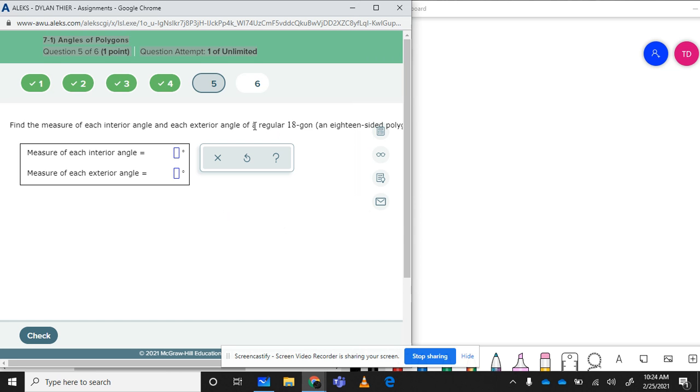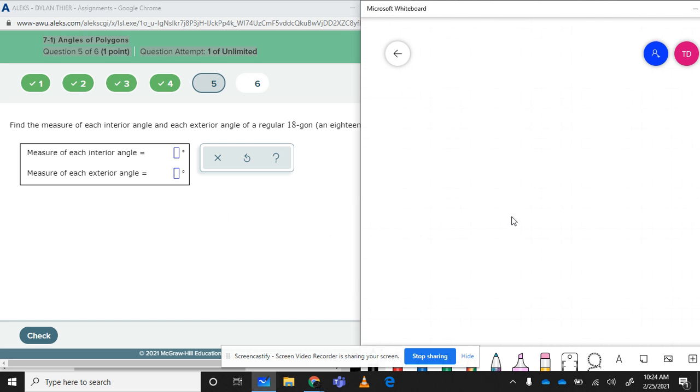Okay, so we have a regular 18-sided shape. So if we have 18 sides, then we should be able to make 16 triangles.